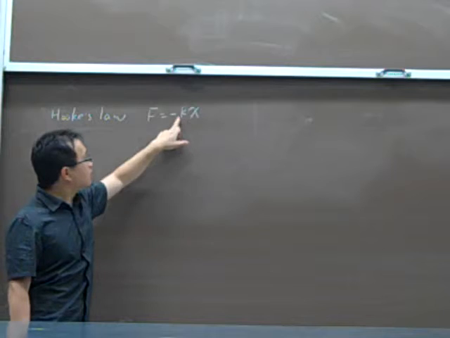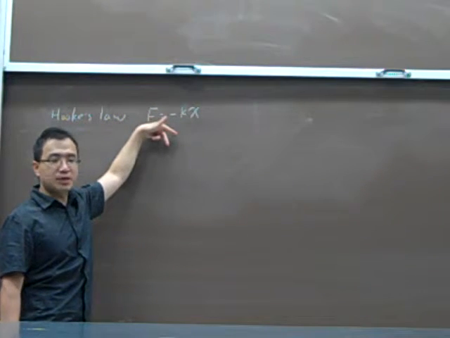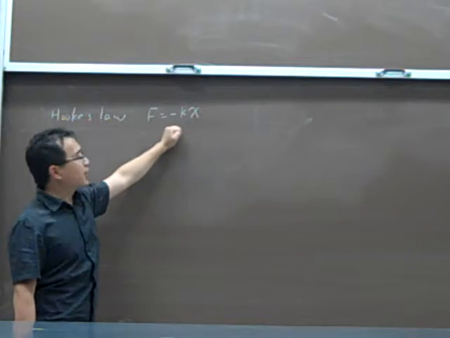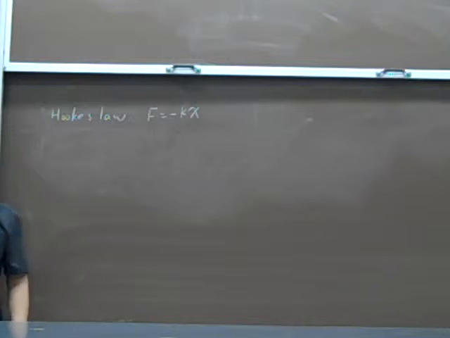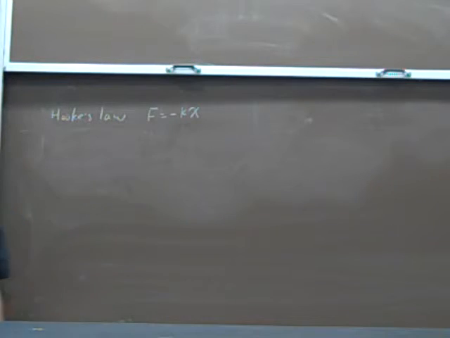For other systems the constant may not be the spring constant, but for the spring system this k has a definite meaning, the spring constant of the spring.